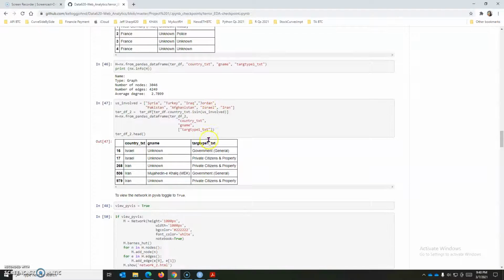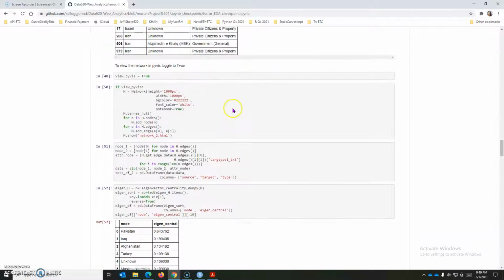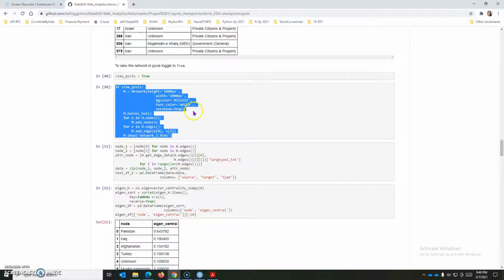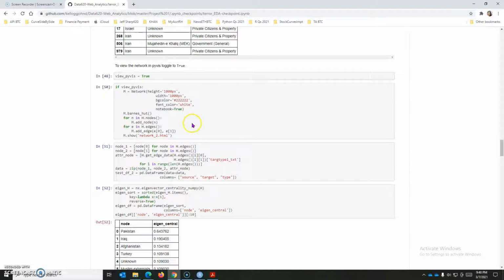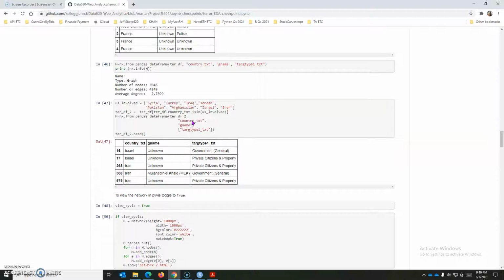So again, only the eight Middle East countries are selected further, and then these chunks of code are the pivot view for this large network.